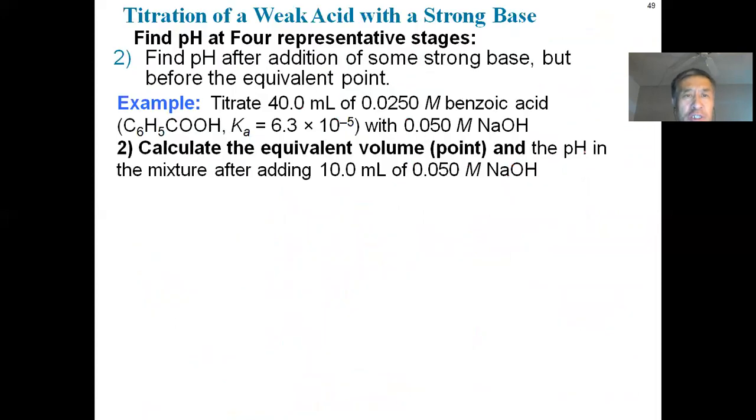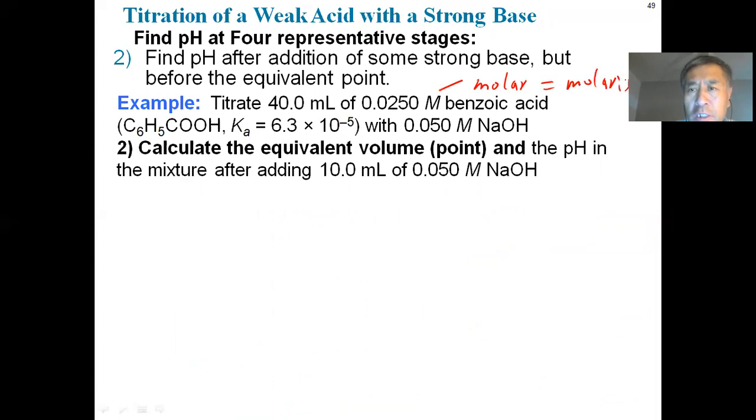The second stage is finding the pH after the addition of some strong base, but before the equivalence point. We still have the same example: we titrate 40.0 milliliters of 0.0250 molar benzoic acid. When you see this capital M, sometimes I read it as molar, which means molarity.